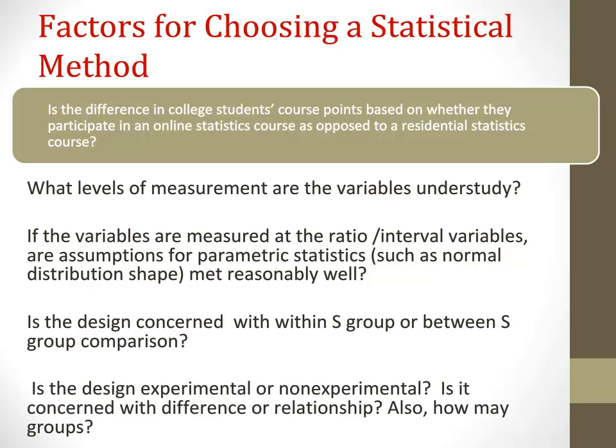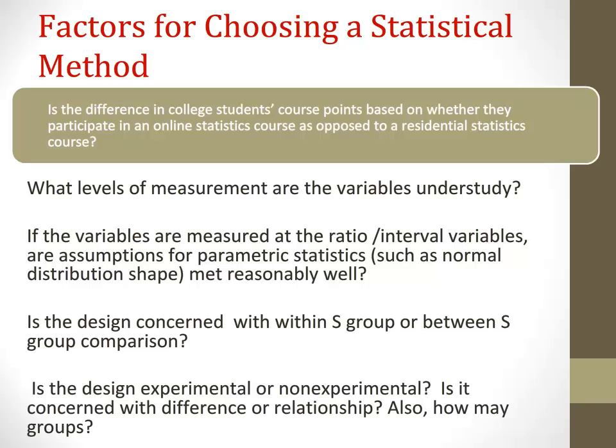So remember, the first question we're going to ask is what levels of measurement are our variables under study? Our independent variable is categorical or nominal. However, our dependent variable is measured at the ratio level, and that's really what we're concerned about.